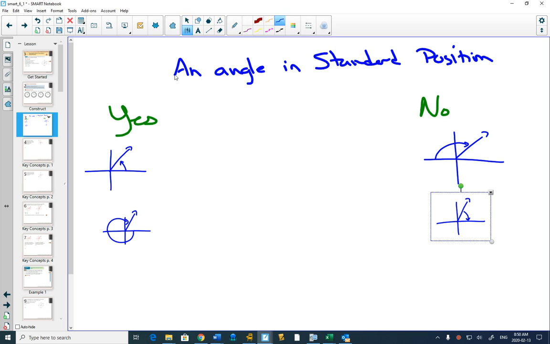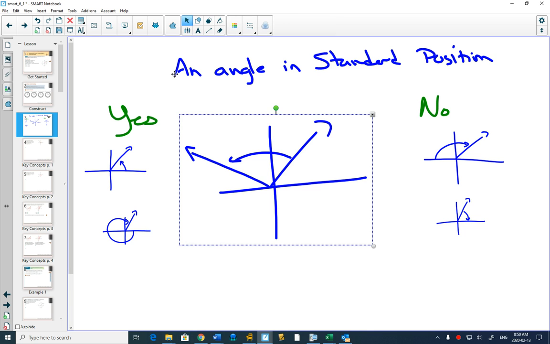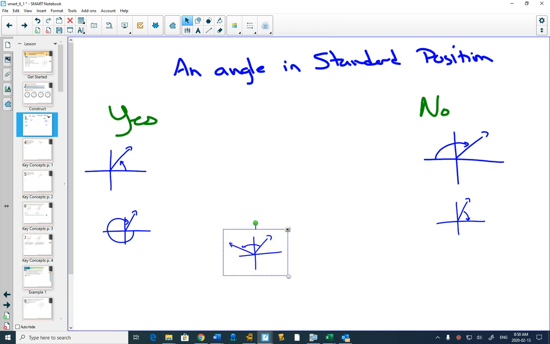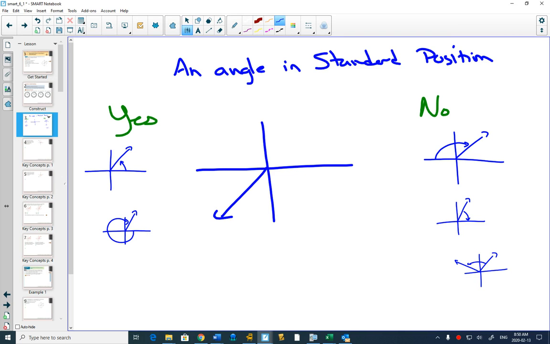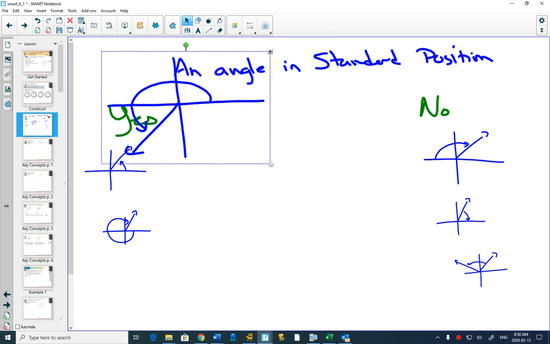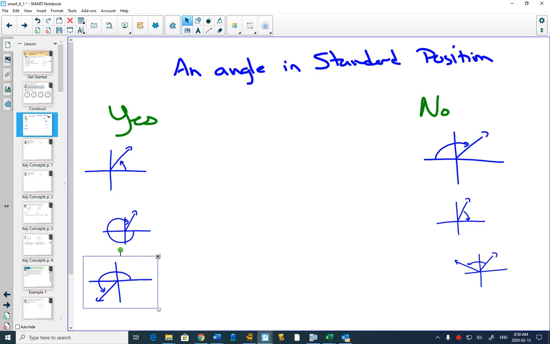So we look at some more examples. This angle is not in standard position. But this one is in standard position.